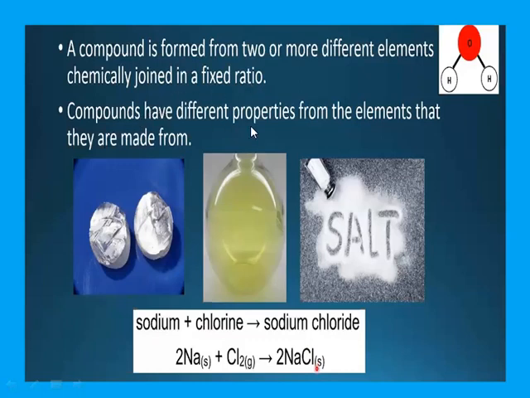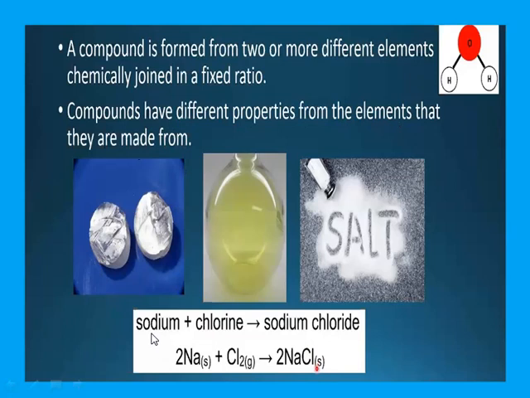Compounds have different properties from the elements they are made from. Let us take another example where sodium and chlorine react in a chemical change or chemical reaction to form a new substance, salt, sodium chloride.